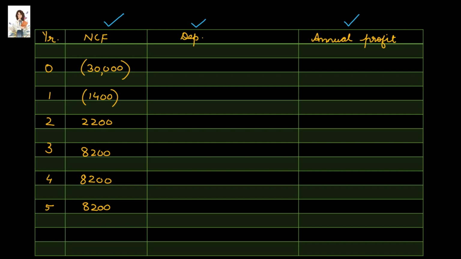Depreciation for year 0 will be nil because the machine has just been purchased on that date. Depreciation at the end of year 1 will be cost minus scrap value upon number of years of useful life. In this case, it is $6,000. Therefore, as per straight line method, the depreciation per annum is $6,000.